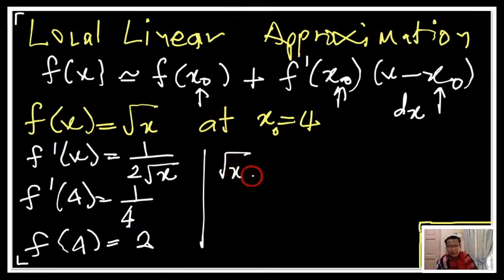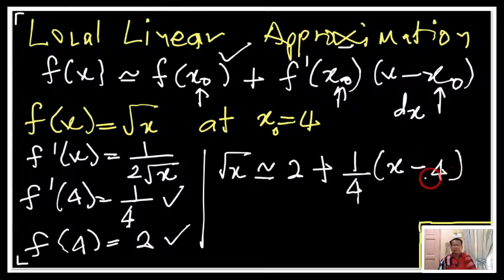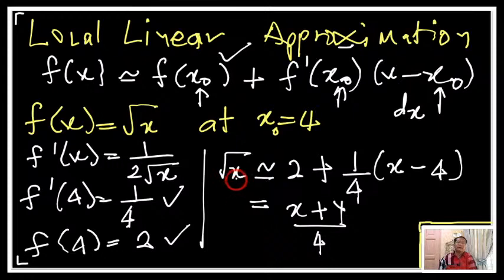Square root of x is approximately equal to f(4), which is 2, plus f prime of x0, 1 over 4, times the differential of x, which is x minus 4. Now you can simplify this and you will get (x plus 4) over 4. So you can find, for example, the square root of 4.3. You just substitute 4.3 here and you get the approximate value of the square root of 4.3. That is the usage.